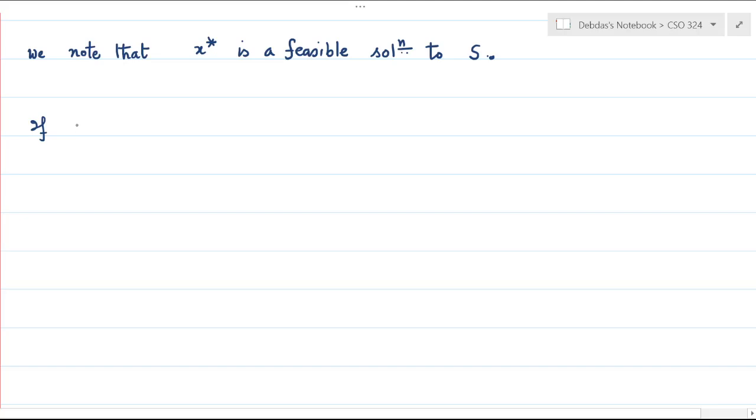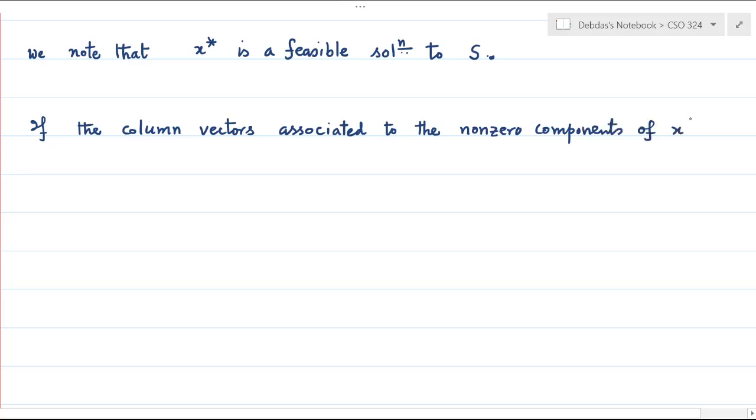If the column vectors associated to the non-zero components of X star are linearly independent, then X star is a basic feasible solution to S.